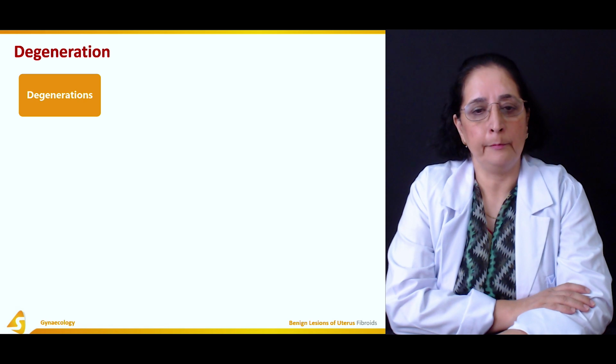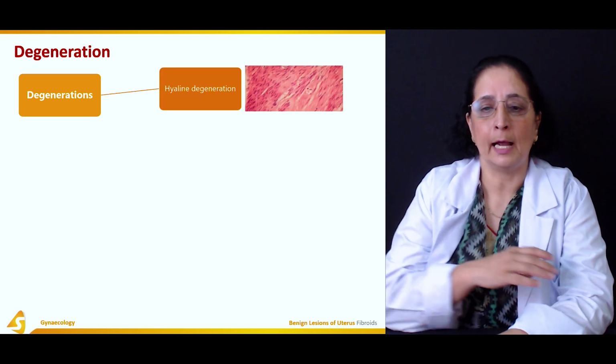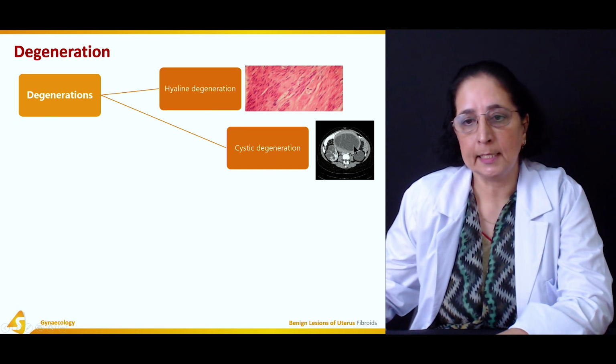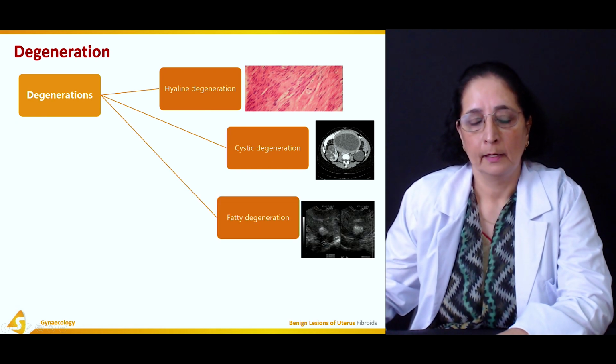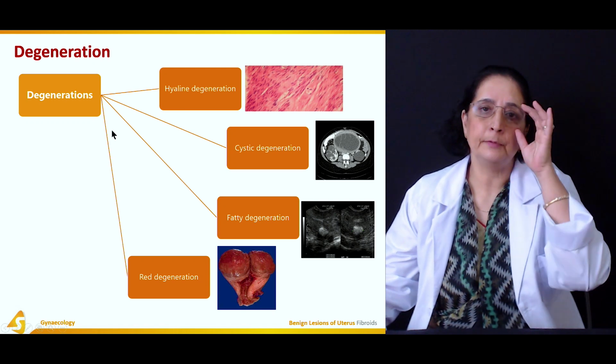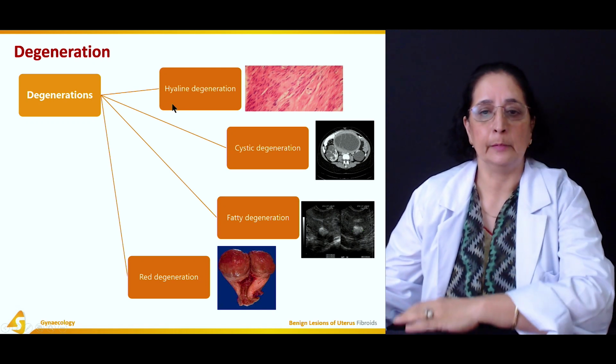Degeneration of the fibroids can be hyaline degeneration. There might be cystic degeneration, fatty degeneration, or red degeneration. These are the different types of degeneration that can take place.